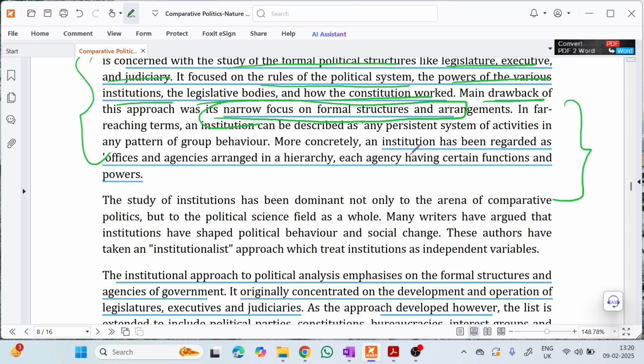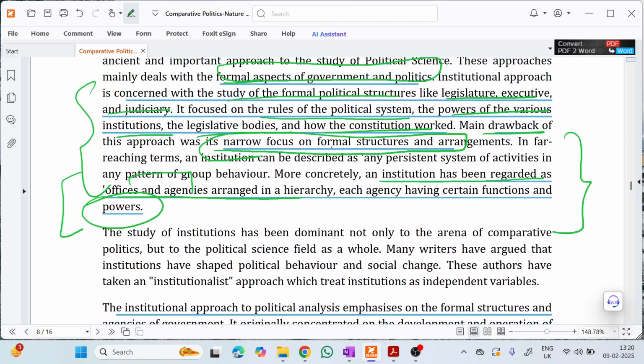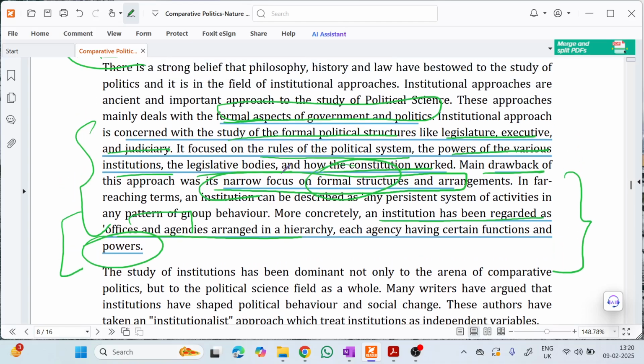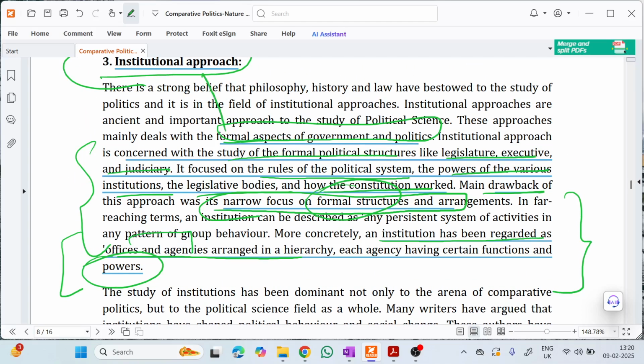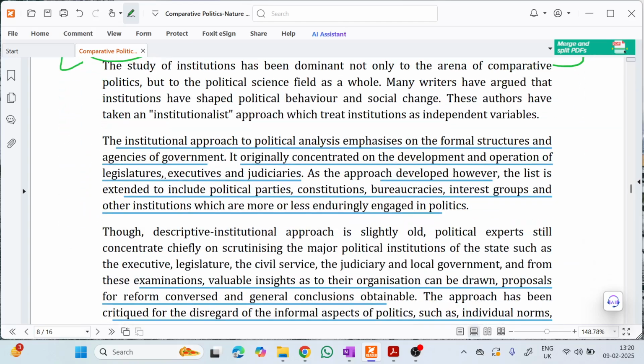More concretely, institutions in this approach have been regarded as offices and agencies associated with political activities. All political offices and agencies are considered institutions of formal structure, and such formal aspects have been studied by this approach.